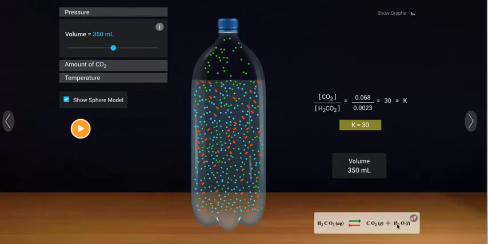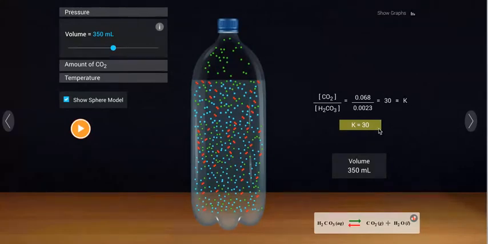So the forward reaction is a decomposition reaction, and the reverse reaction is carbon dioxide plus water yielding H2CO3. Notice that we have H2CO3 in aqueous form, carbon dioxide as a gas, and water as a liquid. Remember that liquids do not factor into mass action expressions, hence why you don't see it up here. The KEQ value, or the equilibrium constant for this reaction, is 30.